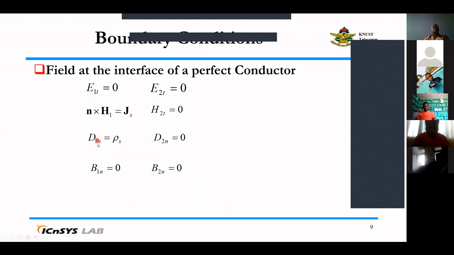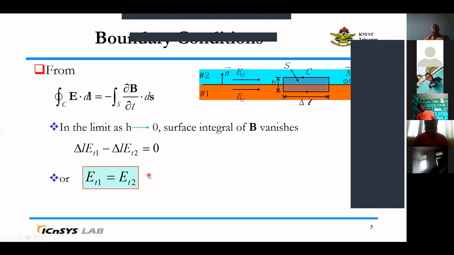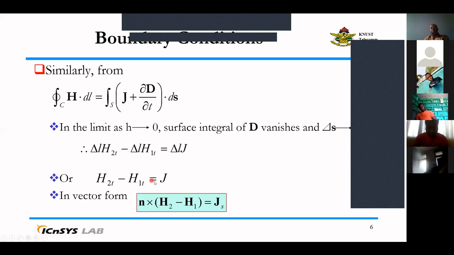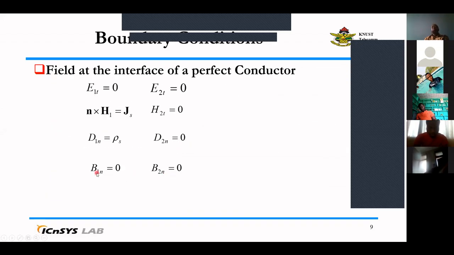And then for the normal component of the electric flux density, D1N minus D2N should be equal to rho S. If D2N equals 0, then D1N must be equal to rho S, which is the surface charge density. And finally, since B1N must be equal to B2N, as we saw earlier, if in medium 2 B2N is 0, then B1N must also be equal to 0.